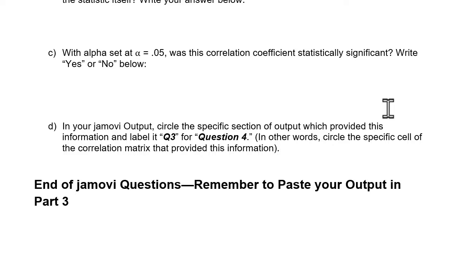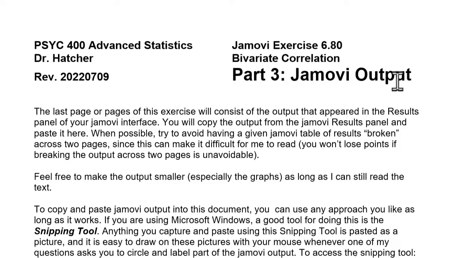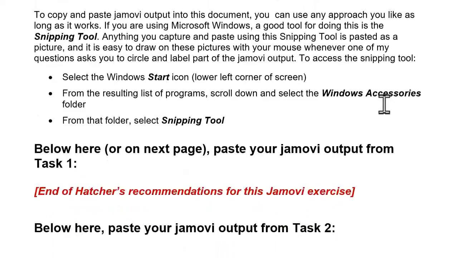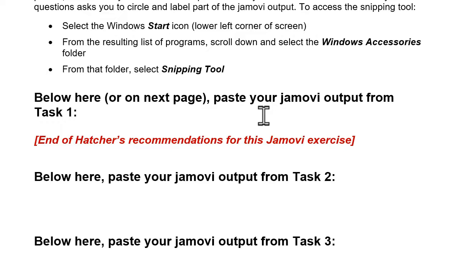Into the Jamovi questions. Remember, paste your output in part 3. And that is this section. Part 3, where you paste the Jamovi output. I made this a Word document so it'd be easy for you to actually copy your output from Jamovi and paste it directly into this document. For example, we have this item.